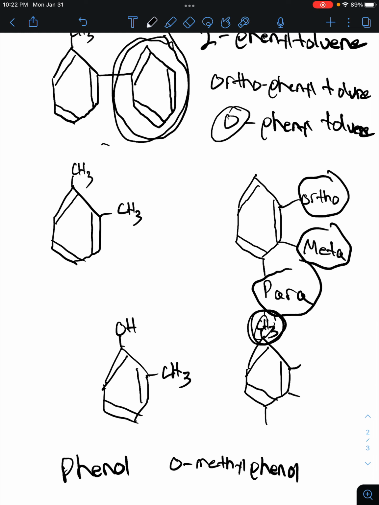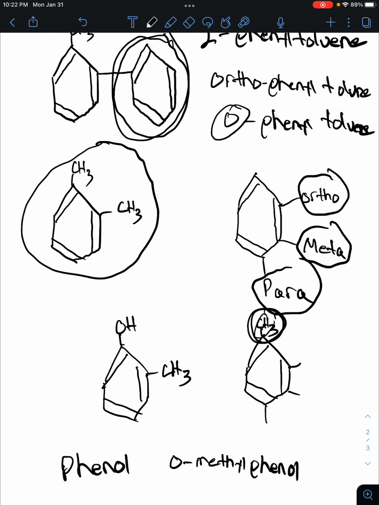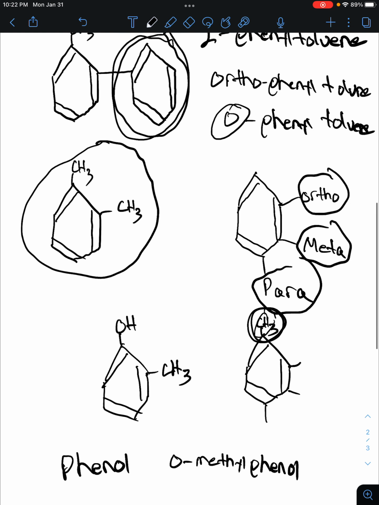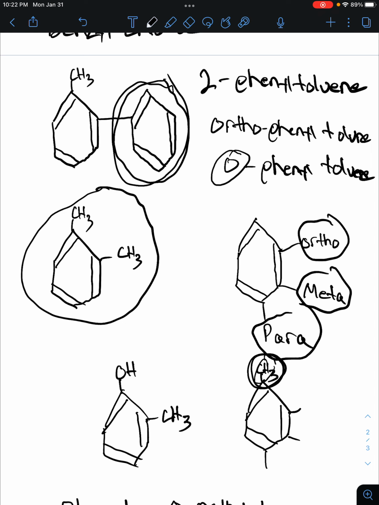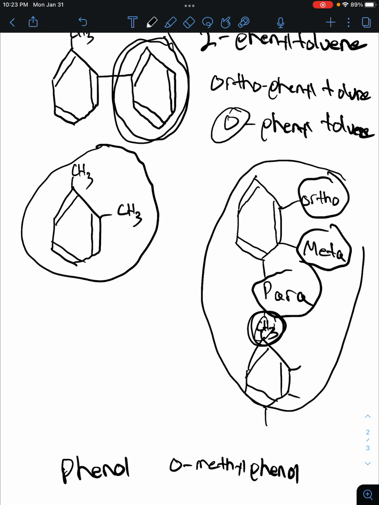What about this? Well, you may be tempted to call this 1,2-dimethyl benzene, or maybe 2-methyl toluene, but actually that's another compound altogether called xylene. And when you get to xylene, you're going to have to name it one of these positions here.